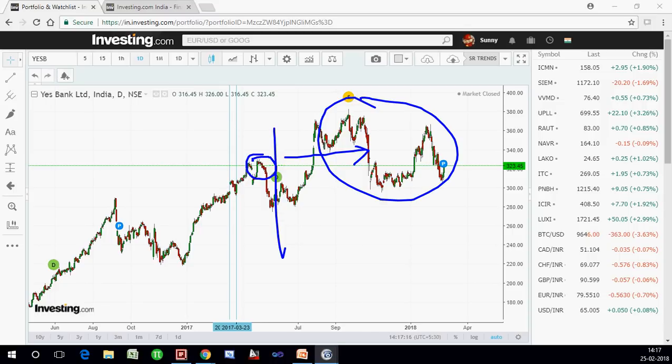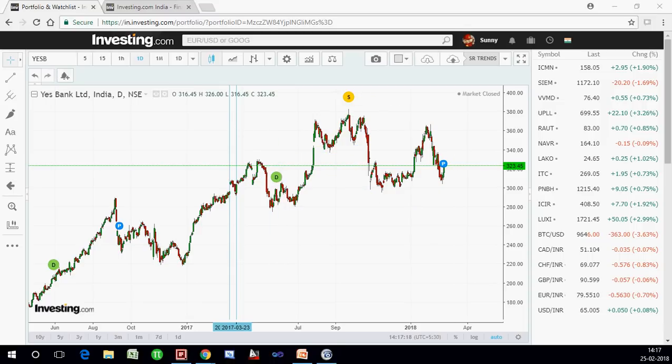So what we know is that if we are here, and the price starts moving down, will it go all the way down from the price level where it started, or is this particular move a reversal, where whatever the price has gained is negated? This complete price move has been negated.